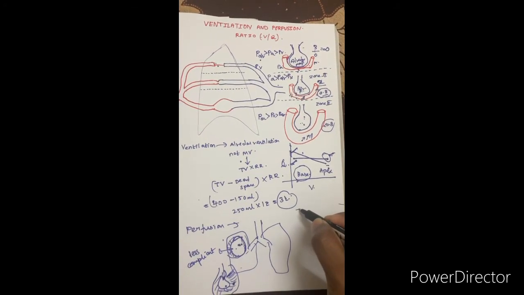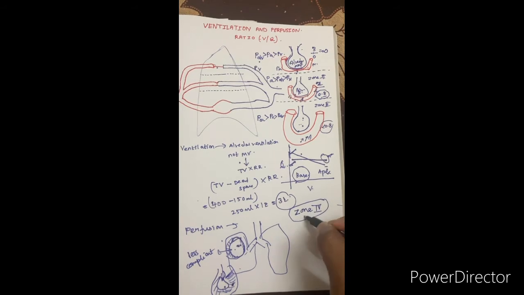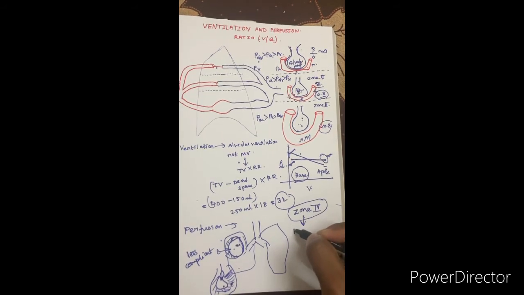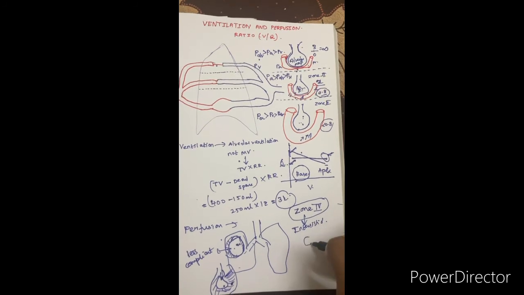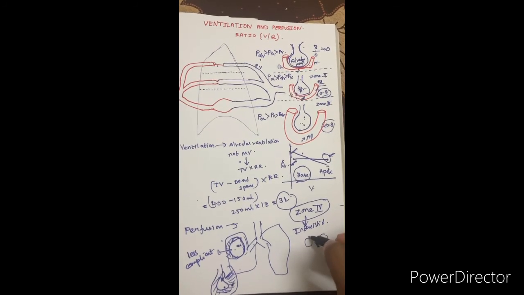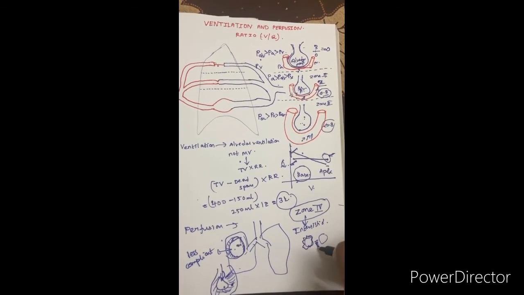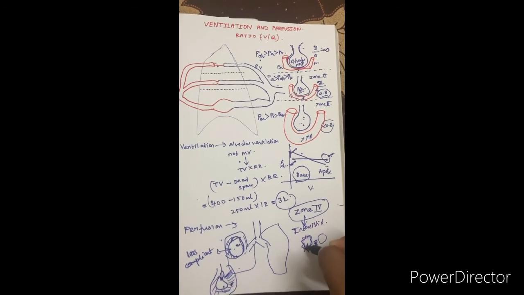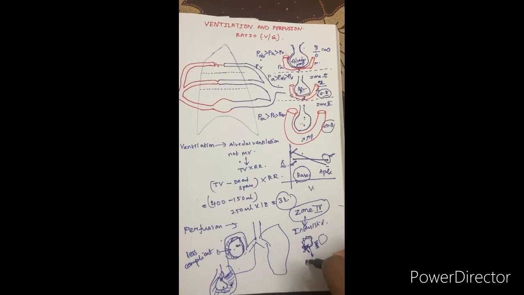Another one is zone 4, which is a newly discovered zone, and it is because of the interstitial pressure rise. Between the alveoli there will be interstitium. Because of this interstitial pressure rise, the extra-alveolar blood vessels surrounding the alveoli are compressed, which may cause a decrease in the perfusion of the alveoli.